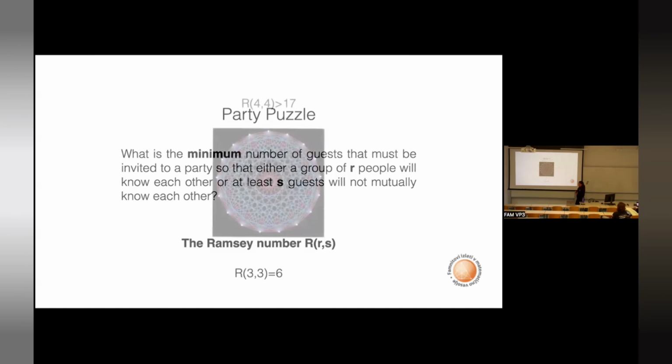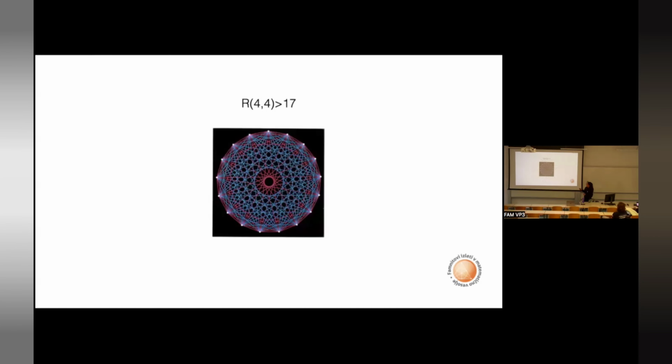But what happens if we want larger numbers? Here, maybe you cannot see very well with the colors, but we have a graph with 17 points and 2 colors, also red and blue, but it's really hard to see. And I promise you that there are not 4 points with all possible lines blue or all possible lines red.